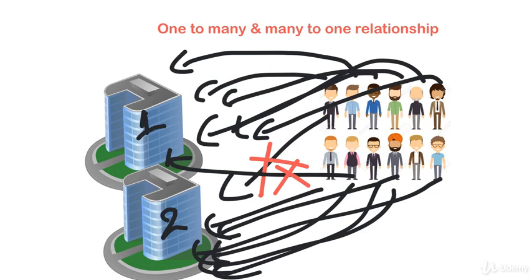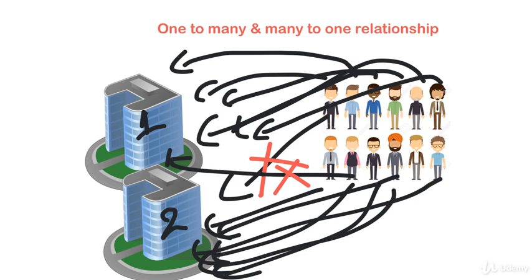So here you can simply say that an organization can have many employees, whereas no employee can work for two organizations at the same time. It's the logic, and I can simply say the statement as follows. One instance of the entity is related to many instances of another entity, then it is a one-to-many relationship.